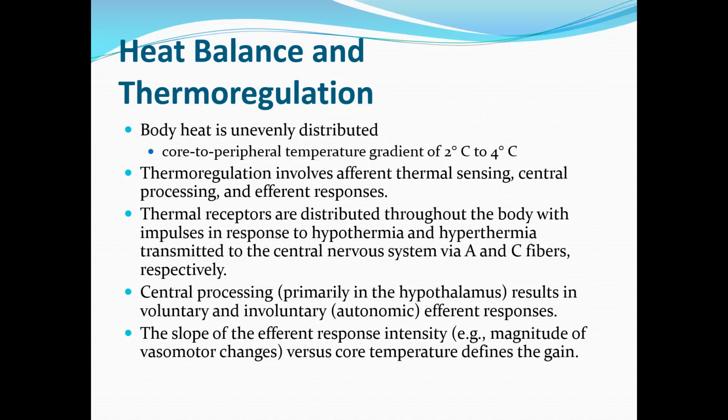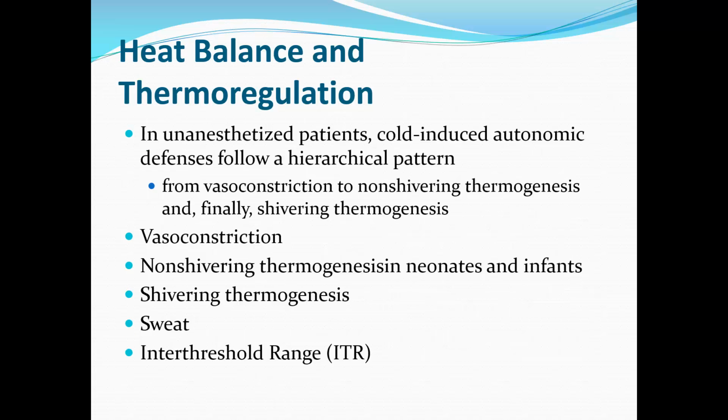Voluntary responses are like wearing a jacket and adjusting the thermostat, or involuntary autonomic reflexes like vasoconstriction. The slope of this efferent response intensity, like how much vasomotor change you get versus core temperature, defines the gain. And we'll talk more about it in just a bit.